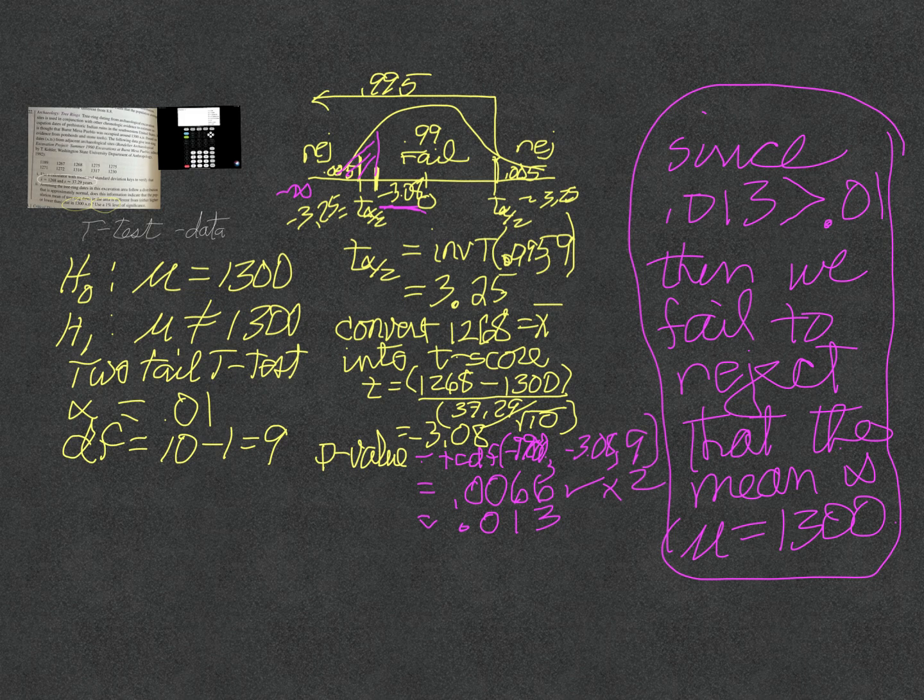So now I want to talk about one other thing, okay? I'm only going to do this t-test as an example, but if it was a z-test, it'd be z sub alpha over 2 that you were trying to find. So right here, and you would use the inverse normal to do that.